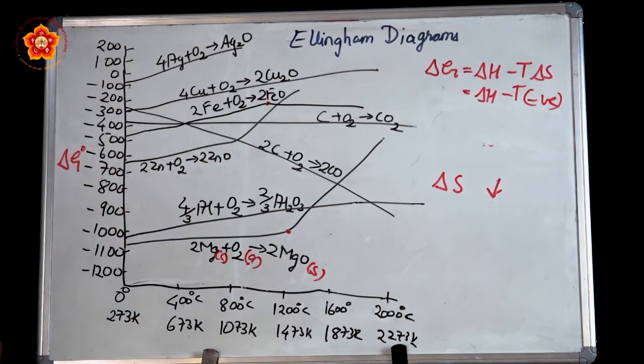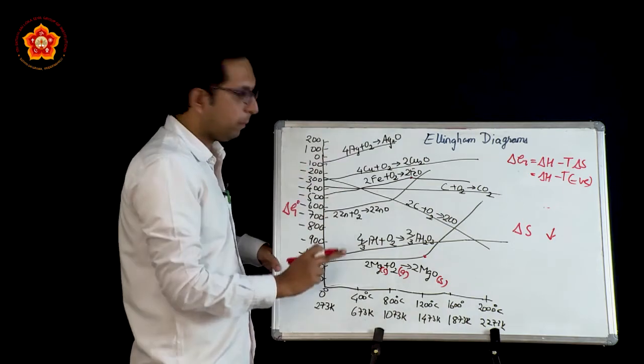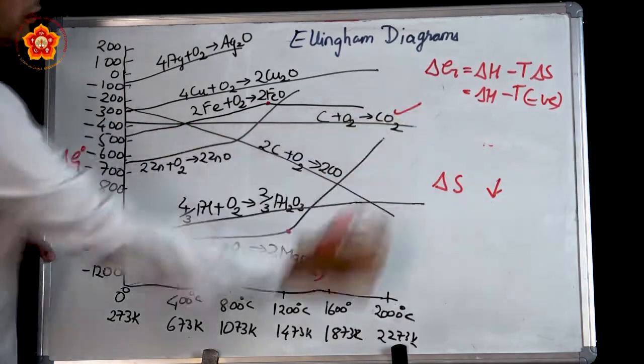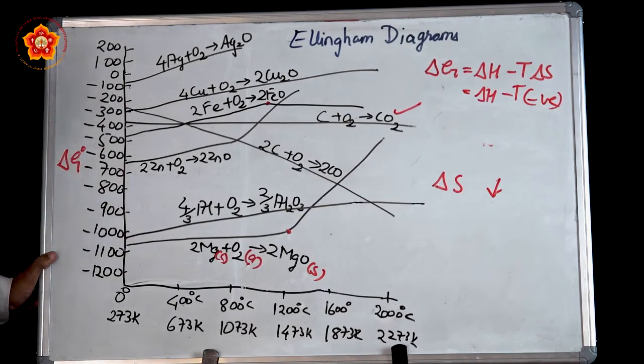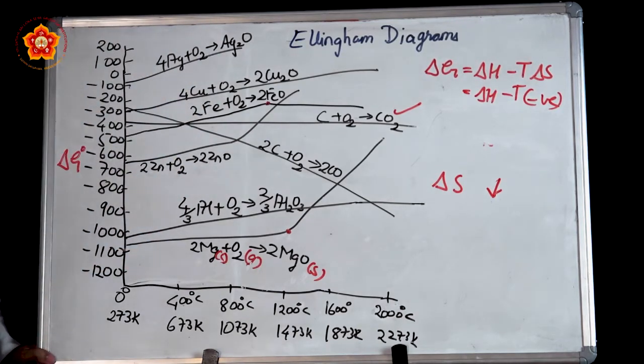Now there is one question here. Almost all the metallic curves are going up, but see this one straight line curve of carbon with oxygen gas to form carbon dioxide gas. Why is this a straight line, whereas everybody else is going in the upward direction?